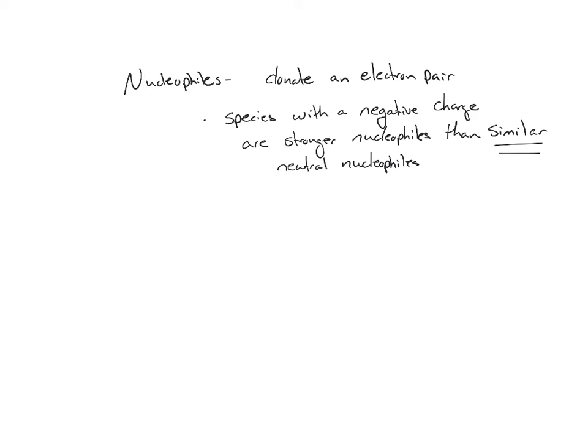So if I asked you, for instance, water can be a nucleophile, right? It has a pair of electrons it can donate. And I asked you, which one's a stronger nucleophile, the negatively charged one or the neutral, similar one? You would say the negatively charged one. So the stronger nucleophile, in this case, would be the OH minus. Okay, so similarly, if it has a negative charge, it's going to be a stronger nucleophile than the neutral species.